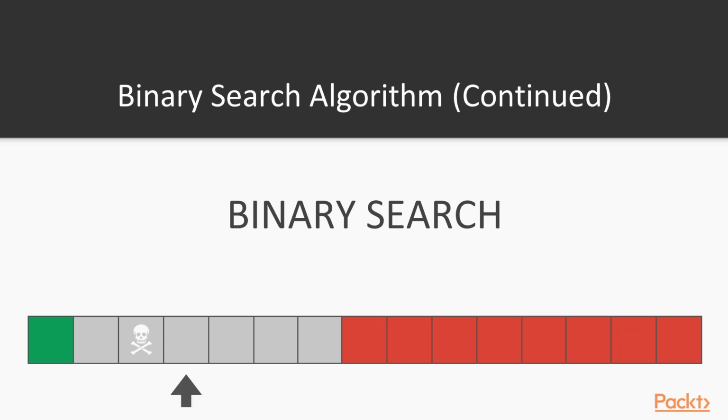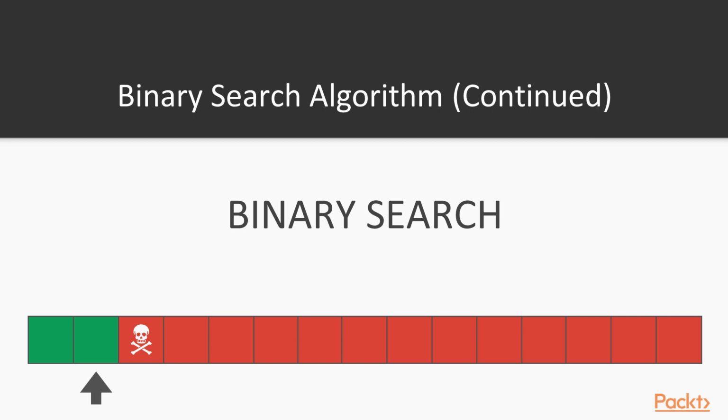Now that half of the commits are red, we can focus our attention on the left part of this list, and we basically repeat the same algorithm that we did before. We test the commit that is in the middle, we mark it red or green, depending, and focus on the remaining part. Test again. Now this is red, test again, this is green.